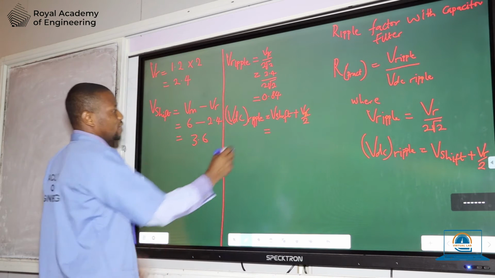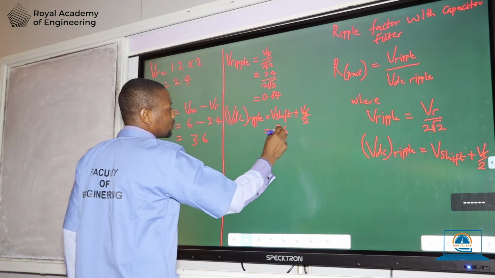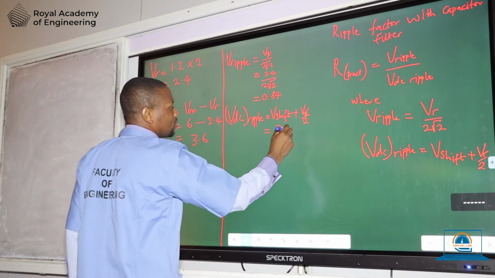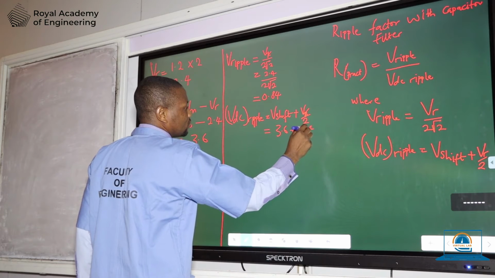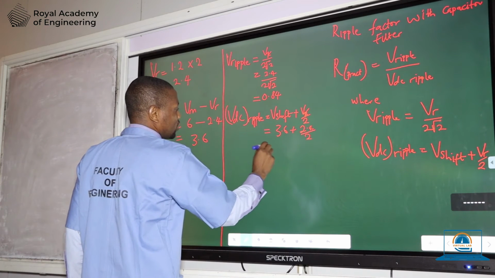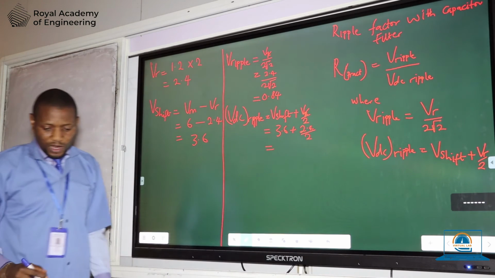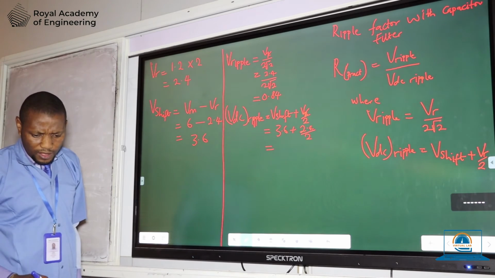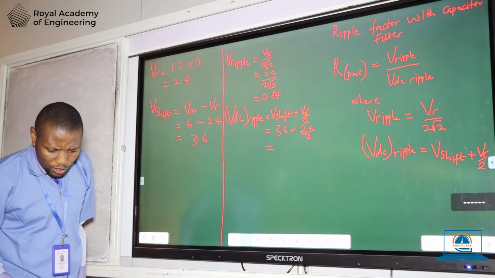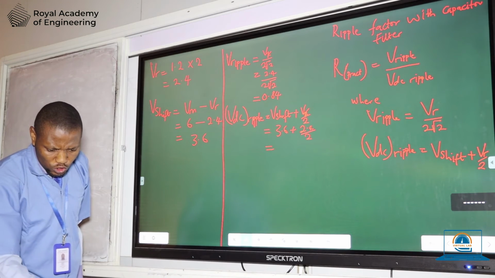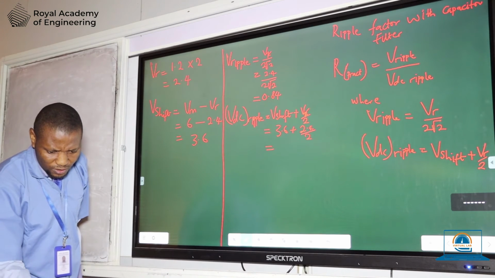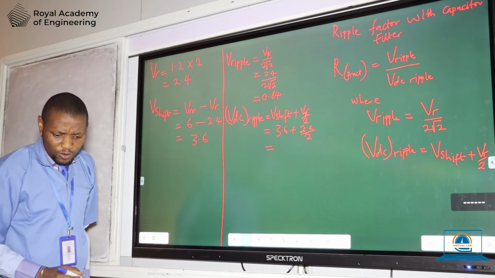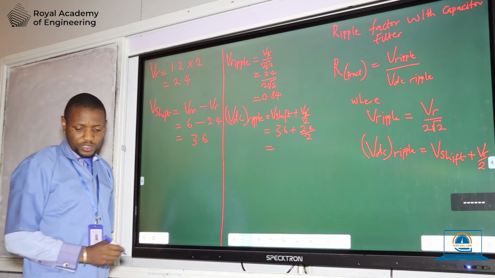Our V shift we have here, VR, this leaves us with a value of 4.8.